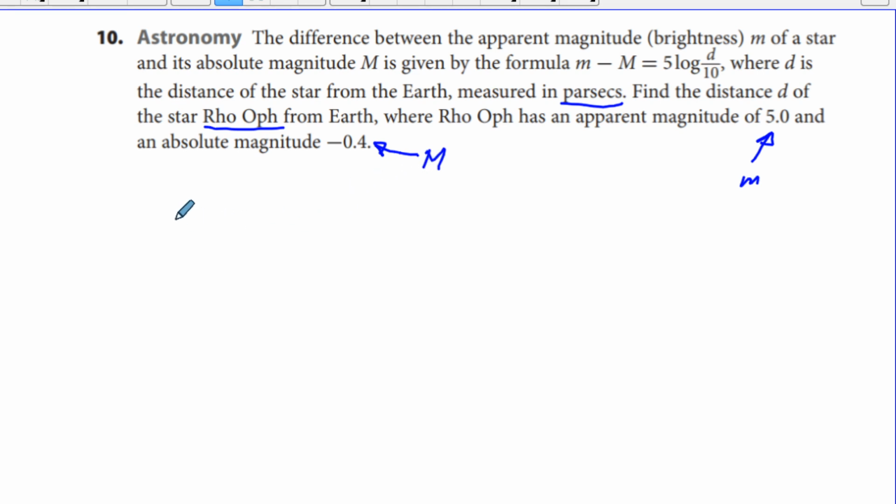Okay, so we can go to this one here. We have 5, which is little m, minus -4, or -0.4, equals 5 log of d over 10. And so what we have on the left side is 5.4, so 5.4 is 5 log d over 10, divide by 5.